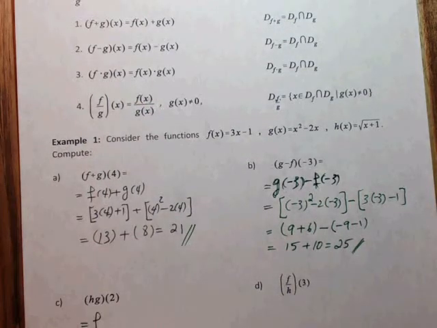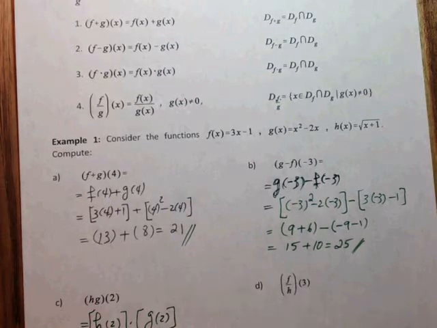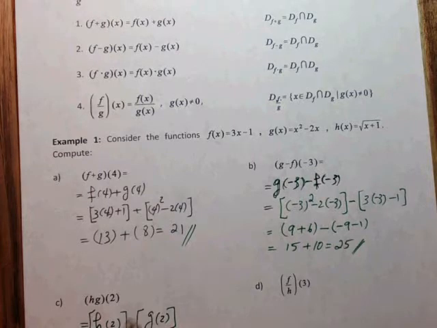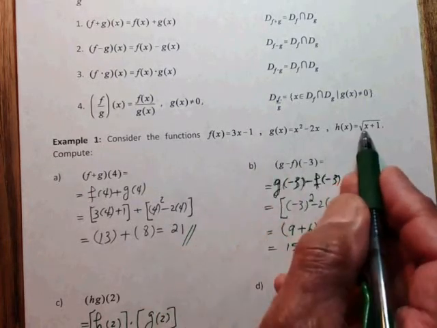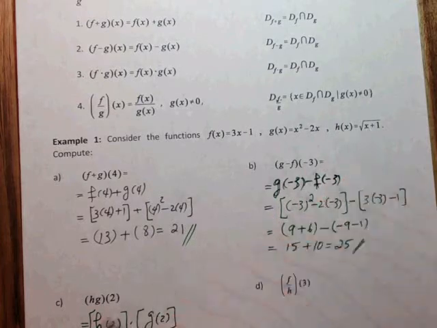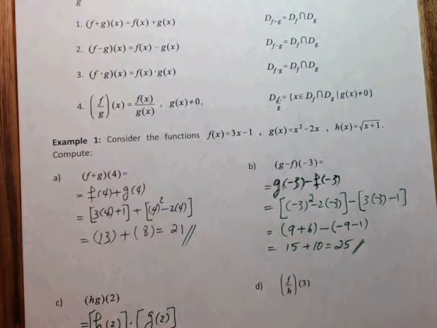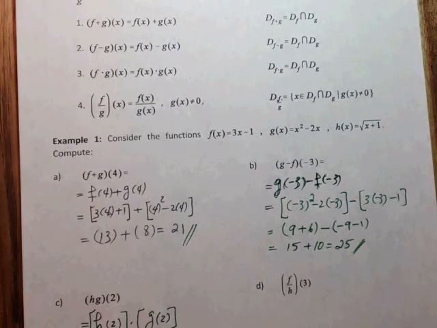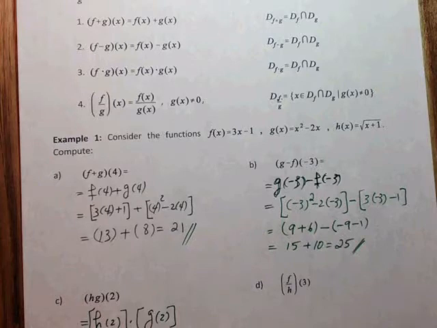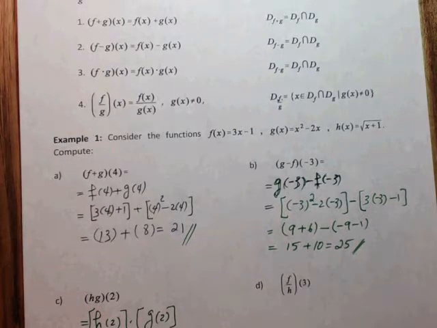So this is h of 2, we use brackets, times g of 2. h of 2 is the square root of 2 plus 1. g of 2 is 2 squared minus 2 times 2.